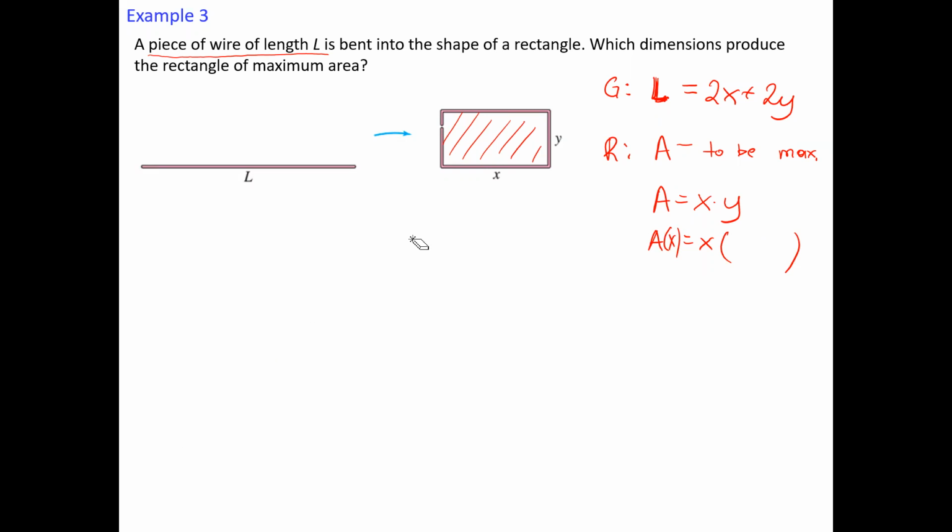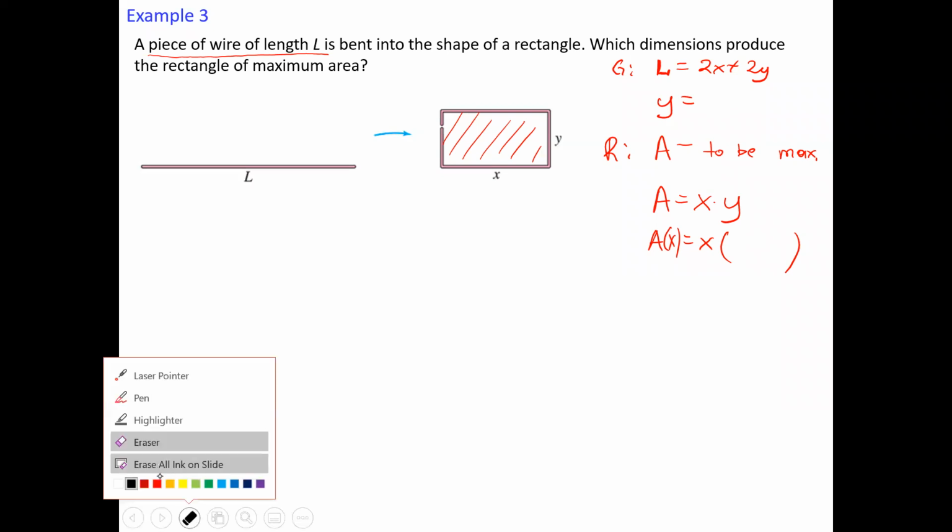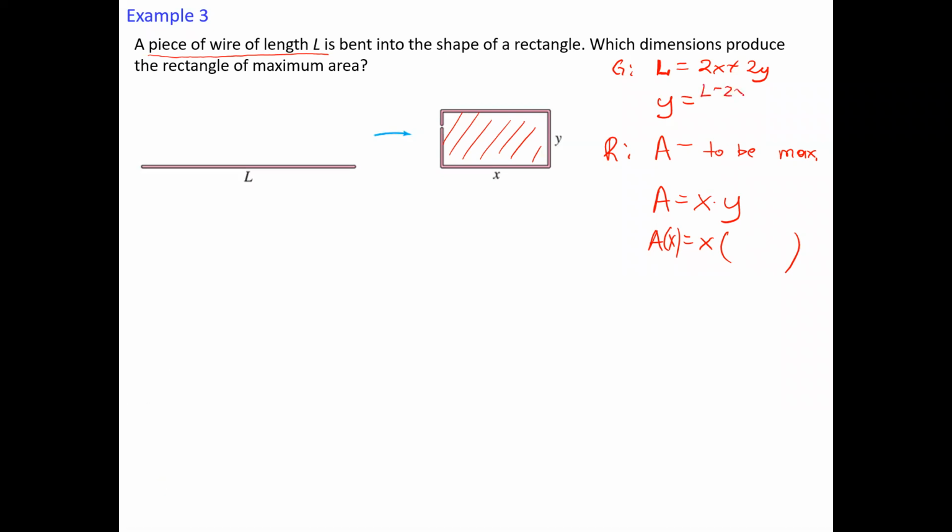Shall we write this a little bit higher? Given information is the length of the wire, and this is 2x plus 2y. Solving for y, it will be L minus 2x divided by 2.